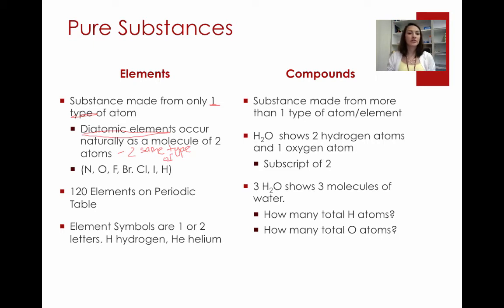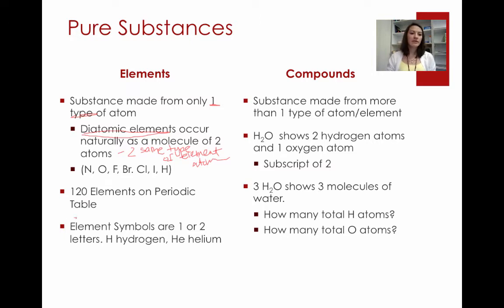It's O2, not just O. There are 120 elements on the periodic table as of right now, and people are working to create more. But that's a very difficult, time-consuming, and expensive process. So there are a number that are man-made, and most of these we can just find within our natural atmosphere.